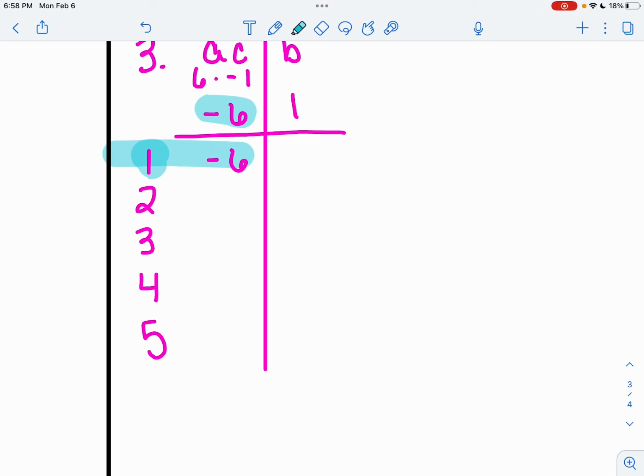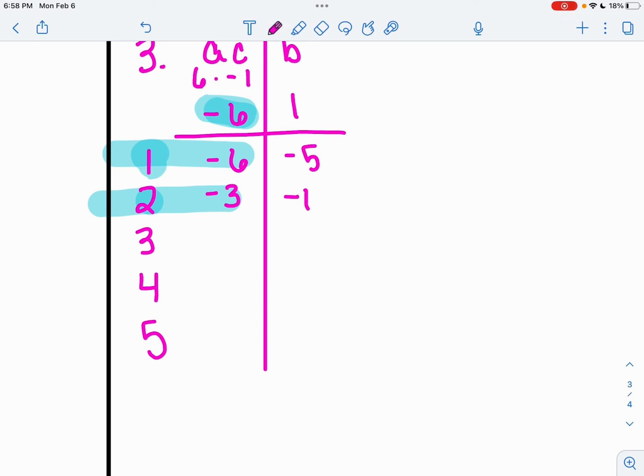Add those together and you get -5, which is not what you want. -6 divided by 2 is -3. Add those together and you get -1. That is also not what you want.